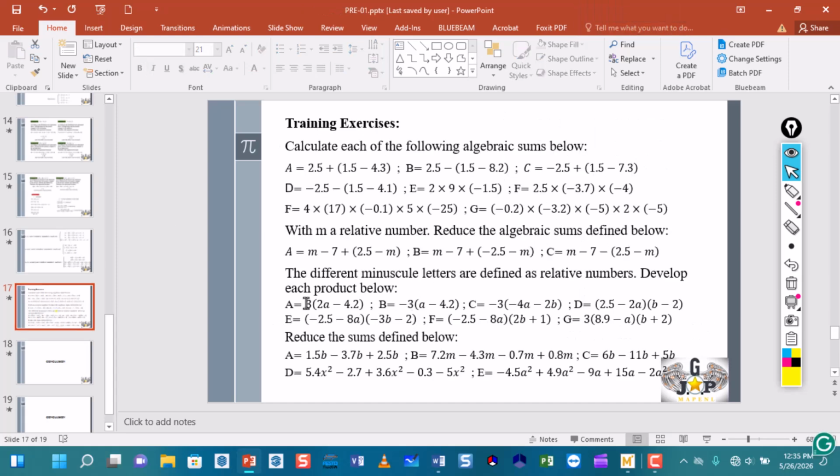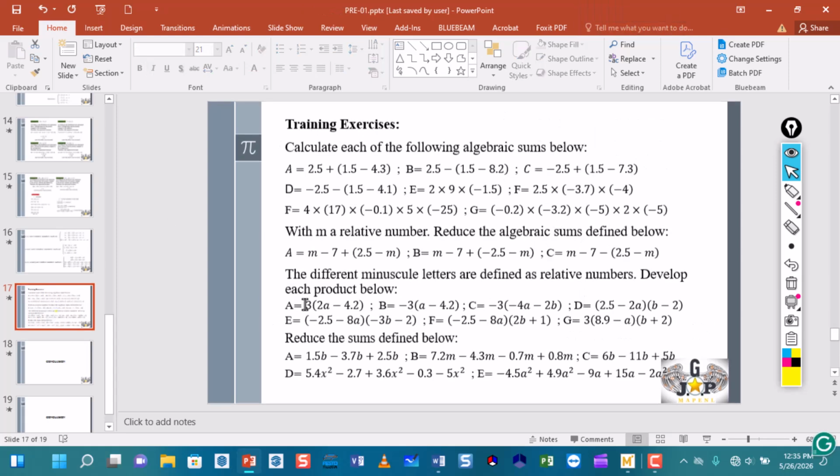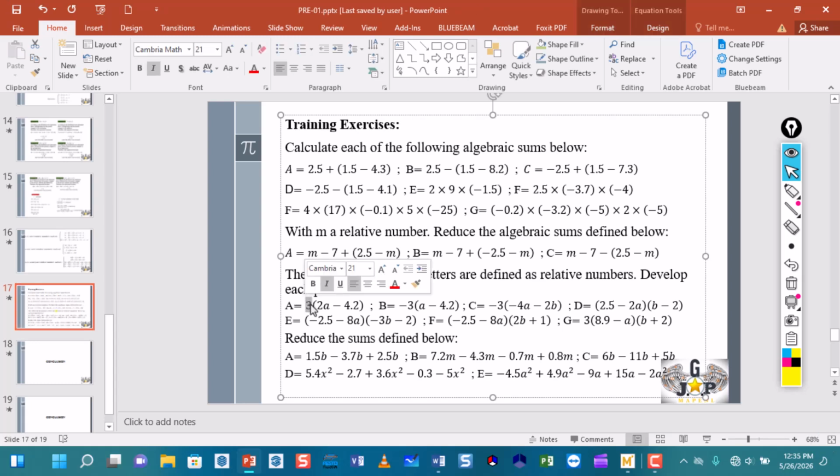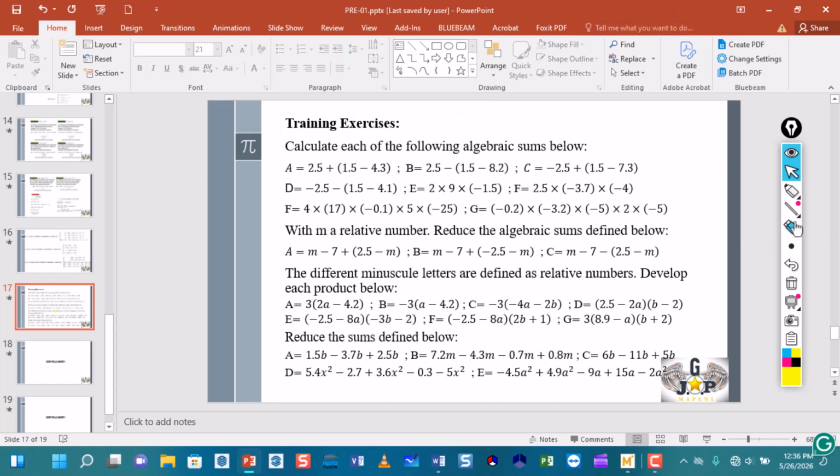So meaning that this 3 here, which represents the a, will multiply the 2a and the minus 4.2. So the 3 is a common factor to these two terms, and it says develop, meaning expand, so the result that we will be obtaining will be like this.